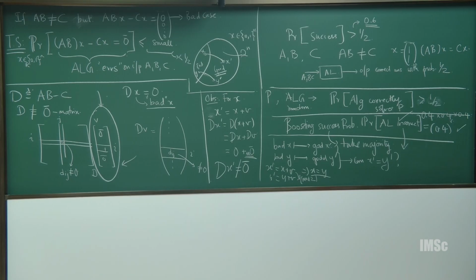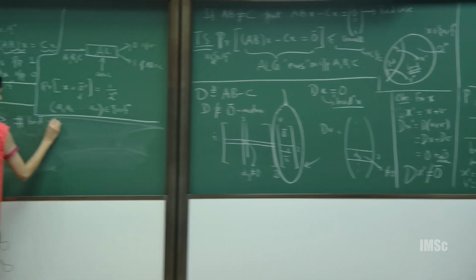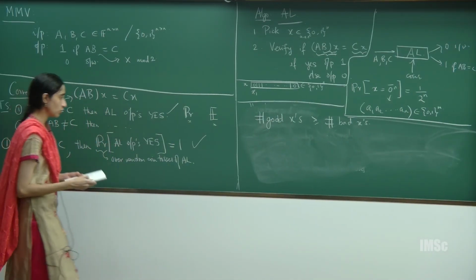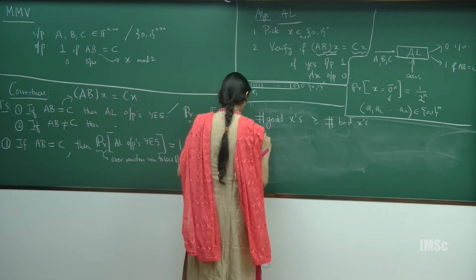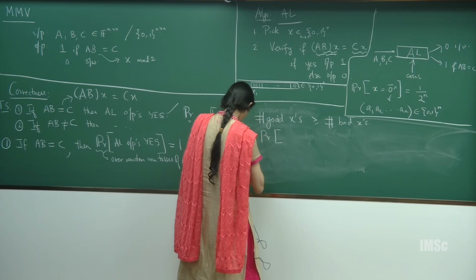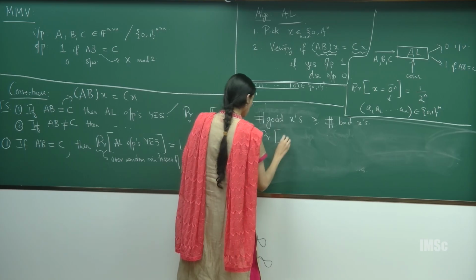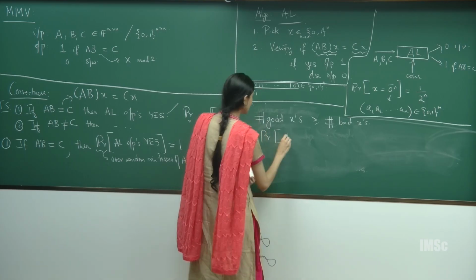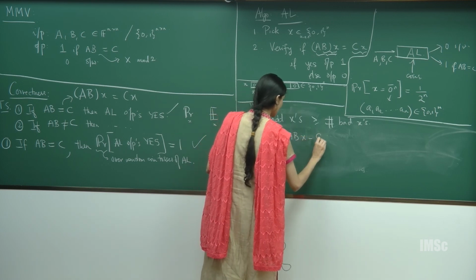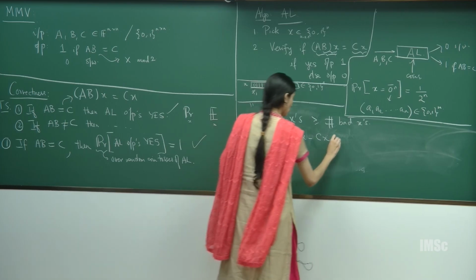So this intuitively says that the number of good x's is at least the number of bad x's. Maybe much larger also. So at least half of them are good. Okay, so now I hope it's okay. So now what is the probability that ABX minus CX is non-zero?